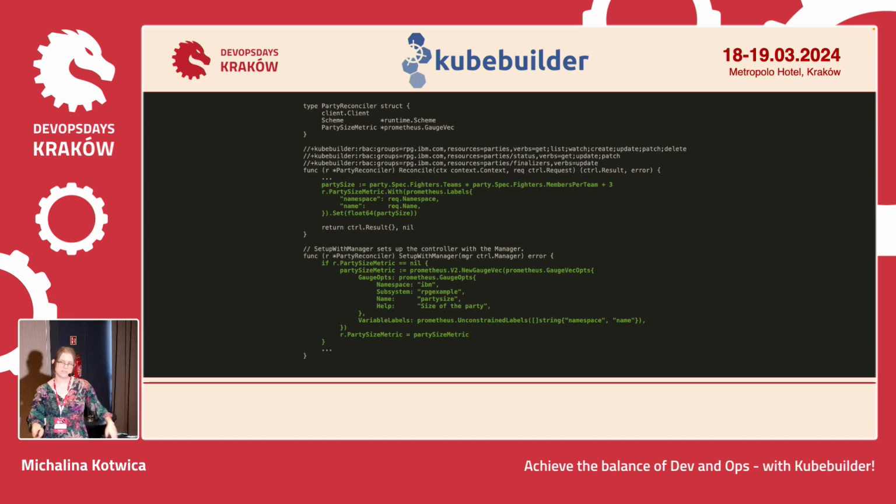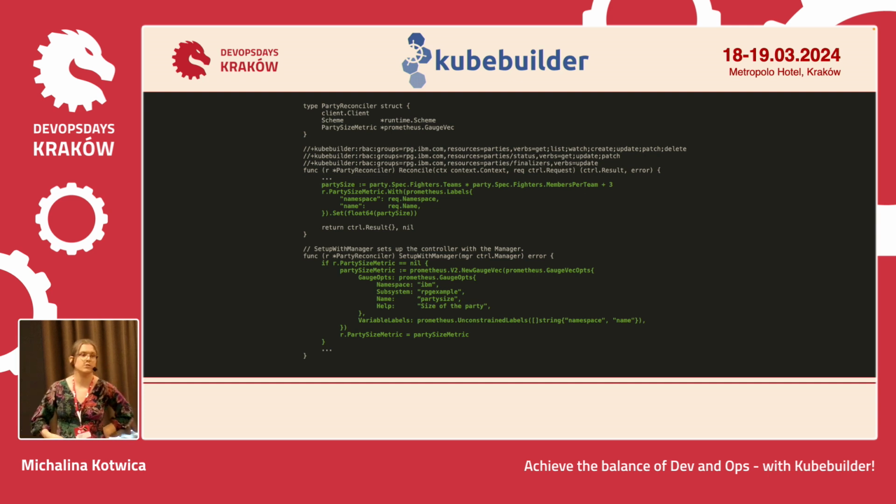The metrics will be some values that you can pass around in your controller, in your operator, and that will show you some numerical values assigned to the stuff that is happening. So once again, we're changing doing things with stuff into actual stuff.